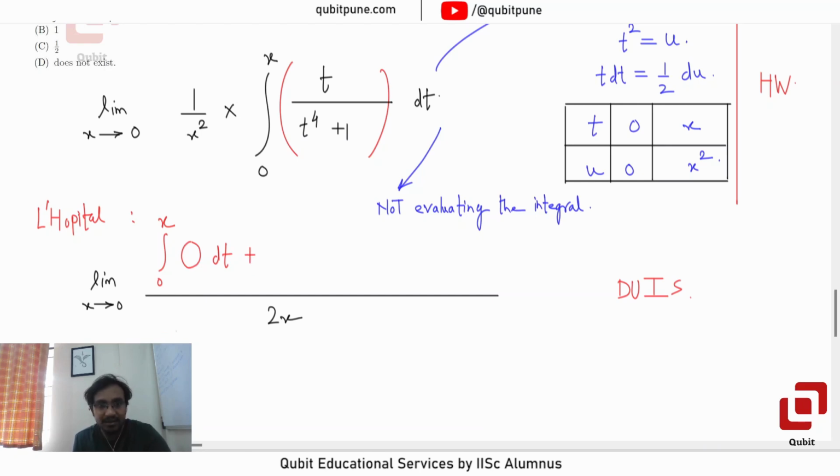Then what follows is we put the upper limit there, and we multiply this by the derivative of the upper limit with respect to whatever variable we are differentiating with respect to, right? So that's x, so derivative of x with respect to x is 1. Then we go to the lower limit. We substitute it in the integrand.